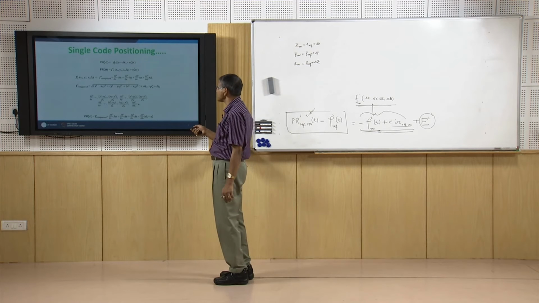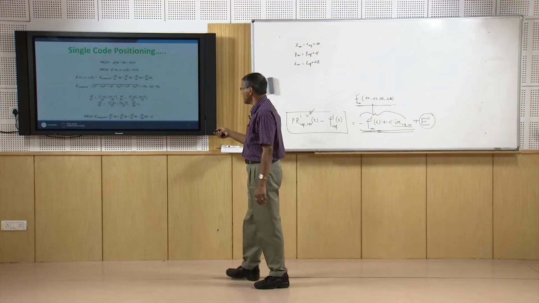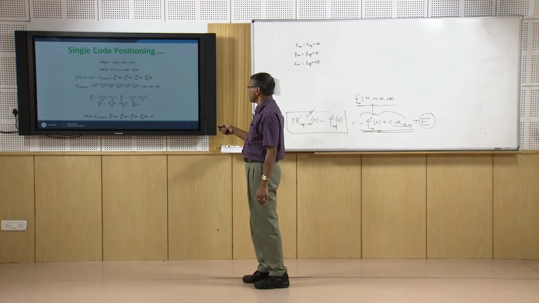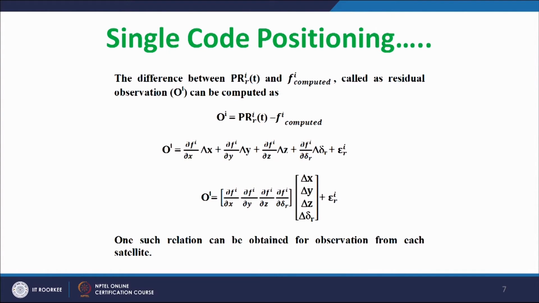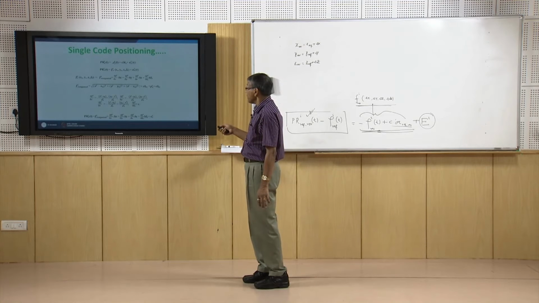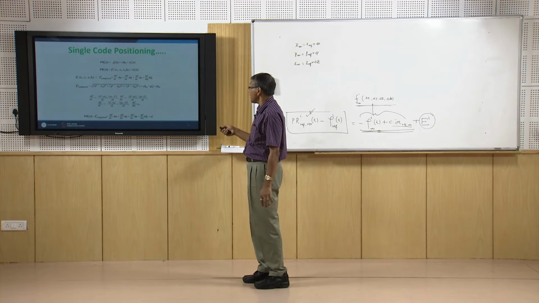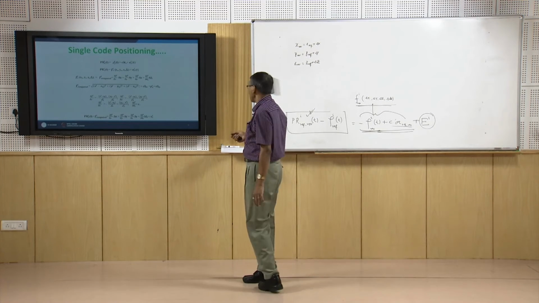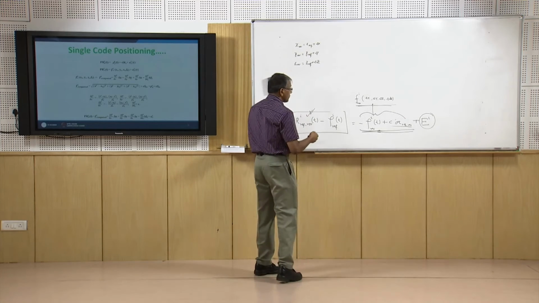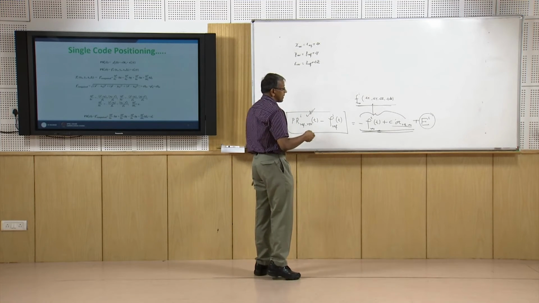In the same way, only in this case the parameters are del x, del y, del z, which were the error between the assumed value of the receiver and the correct value of the receiver, but in this case they are the baseline parameters.